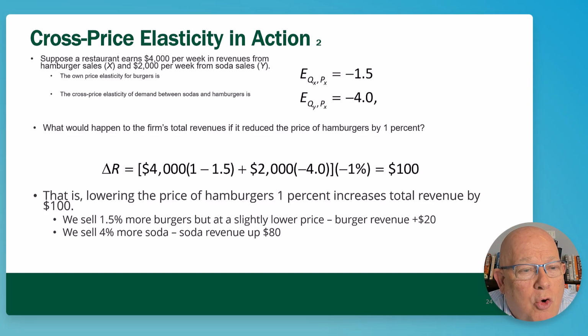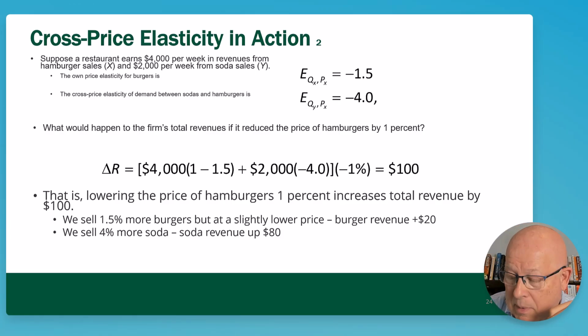And then we also have the cross elasticity of demand between sodas and hamburgers, which is a negative 4.0. What that means is that these are complements as opposed to substitutes, so they're going to move in the same direction.